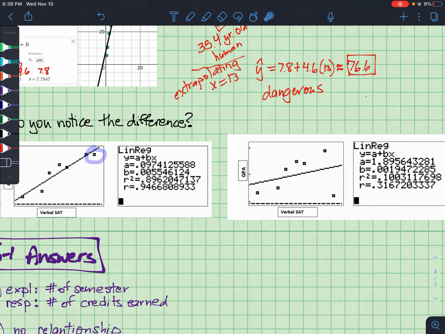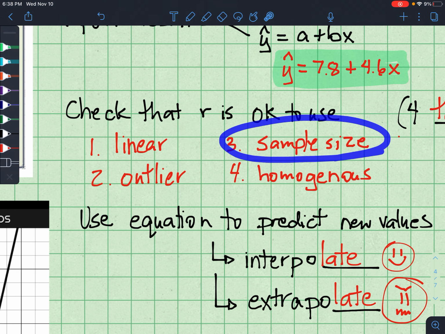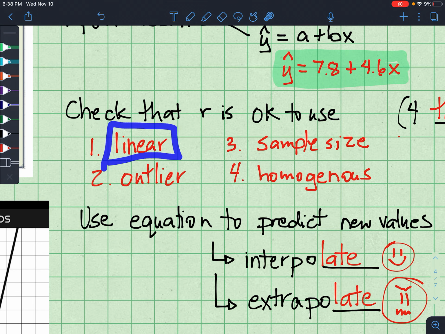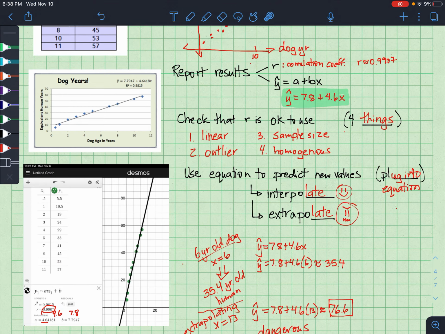It was up here, and now it's down here. So supposing somebody entered a value wrong, that's going to drastically change your set, especially when you only have 6 data points, and that would be 7. So caution, that's just showing you how sample size can drastically change something with an outlier and make it look really non-linear. So careful on that.